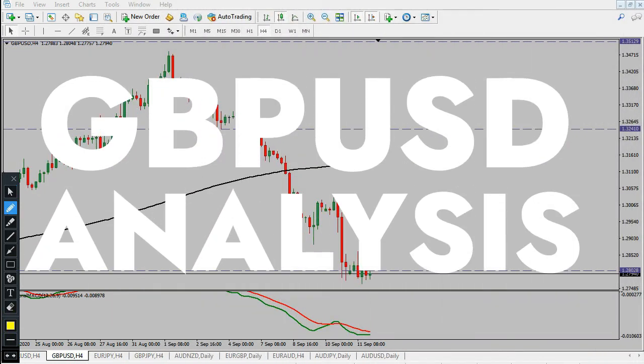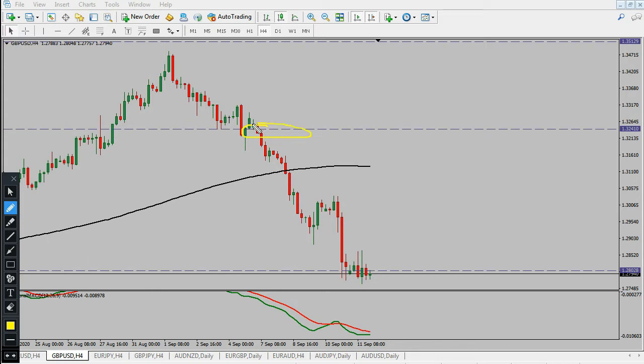So this is the Pound USD. Last week I told you that this is a strong support zone, and I also mentioned that I am pretty much bullish to create a double top before going further downwards.